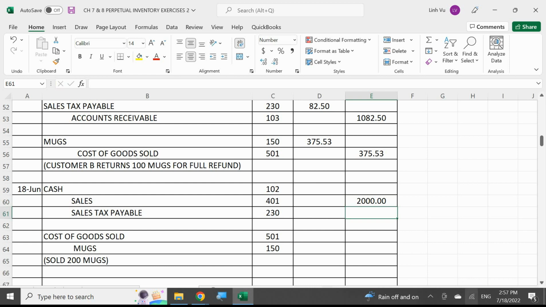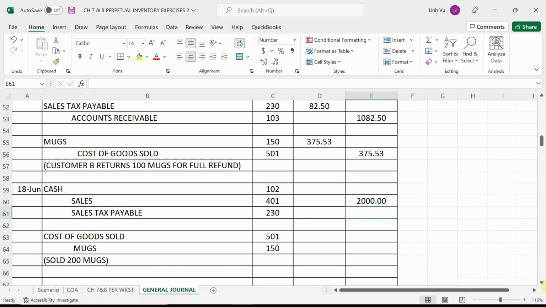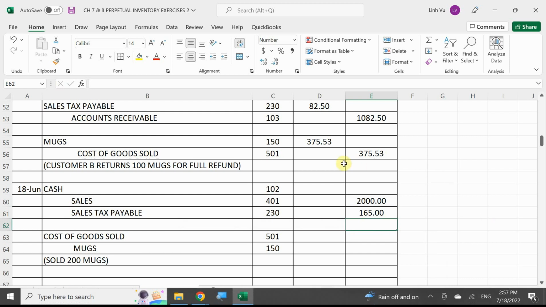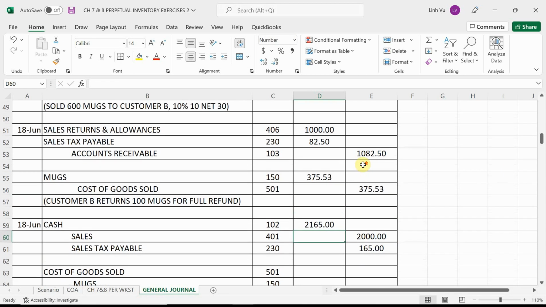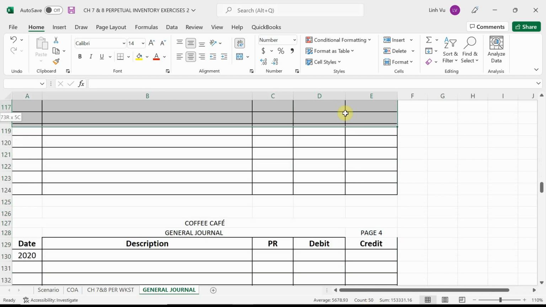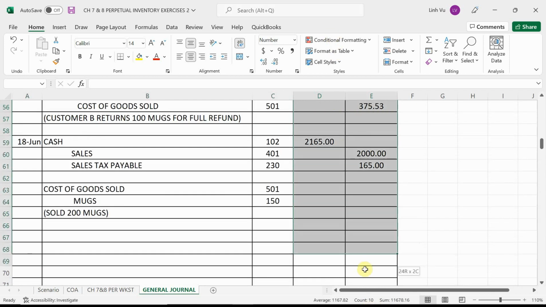Okay. And then tax is $165. So in grand total, we got $2,166 worth of cash.